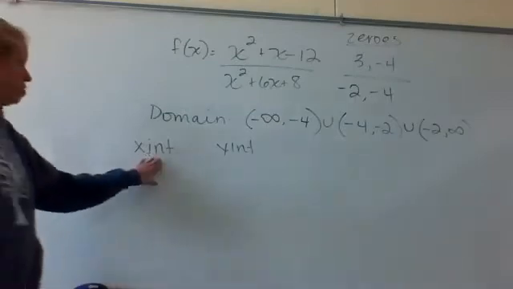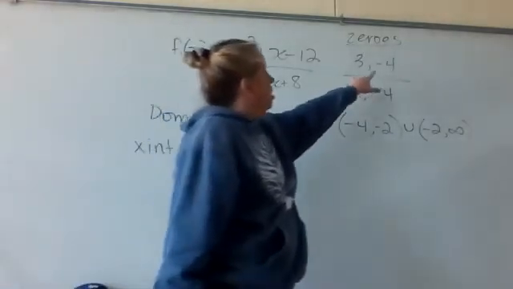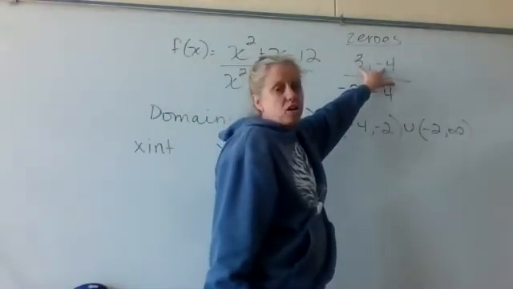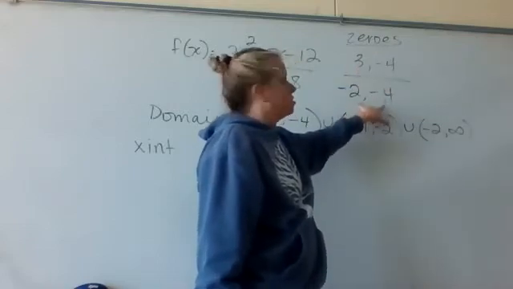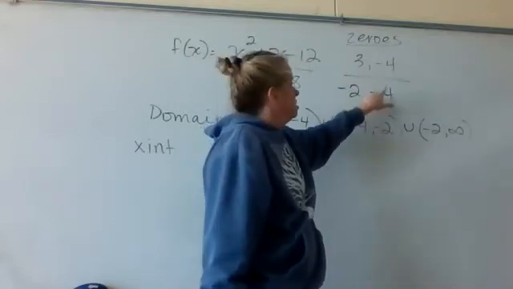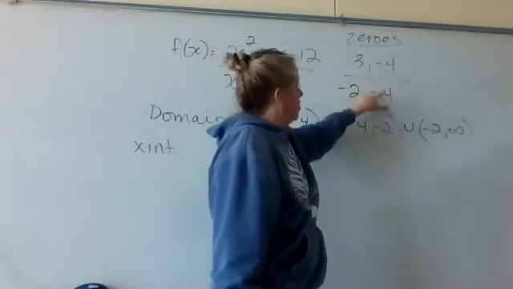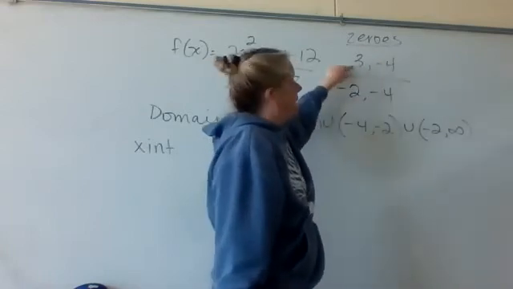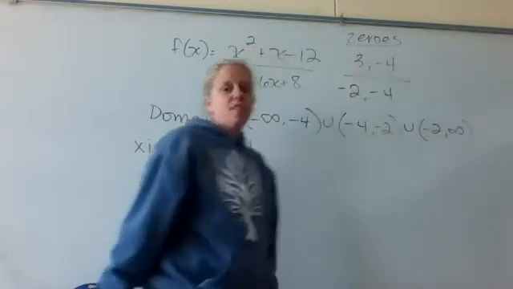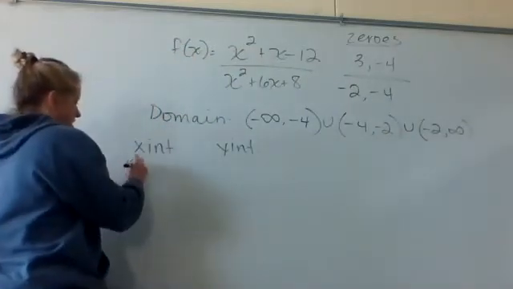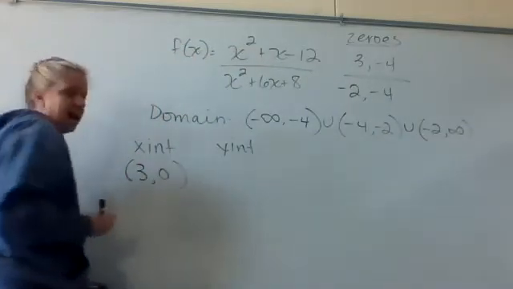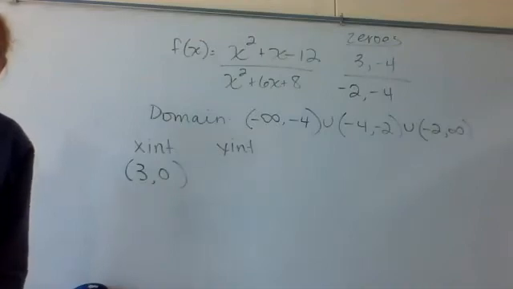X-intercept and Y-intercept. Remember, X-intercepts come from the zeros of the numerator that are not also zeros of the denominator. So this -4 cancels that one, which means -4 is not an X-intercept, only the 3 is. So your X-intercept is at 3, 0.